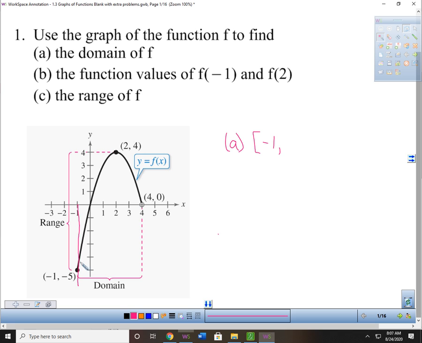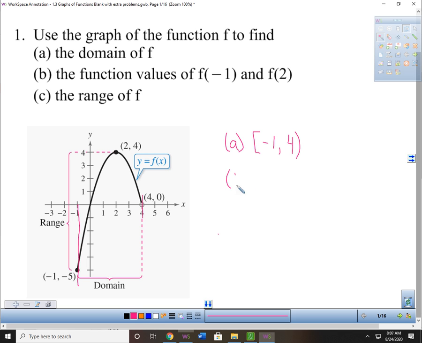Then this graph goes all the way and stops right here. This is as far to the right as it goes. So it goes all the way to 4, but it's an open circle, so you need to put a parenthesis to signify that that is not included in your domain.